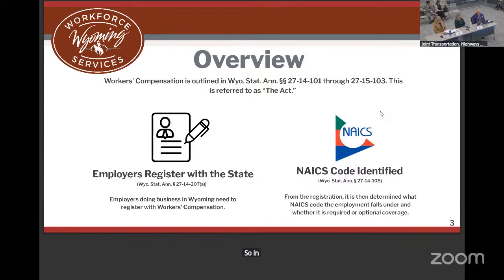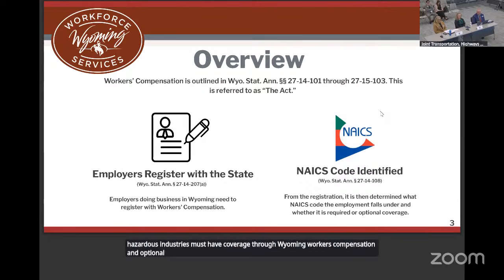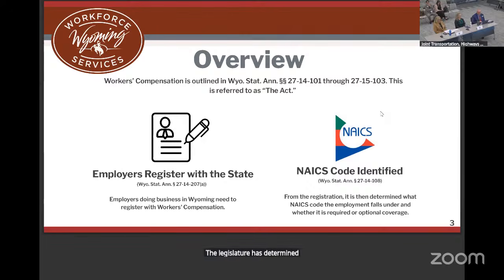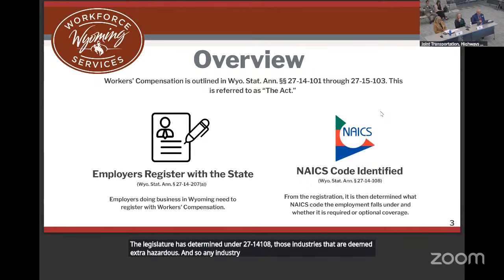The Constitution and statute say all extra hazardous industries must have coverage through Wyoming workers' compensation, and optional employers, those who are not extra hazardous, may opt into the system. The legislature has determined under 27-14-108 those industries deemed extra hazardous, and any industry from their NAICS code enumerated in 27-14-108 is required coverage under the law.